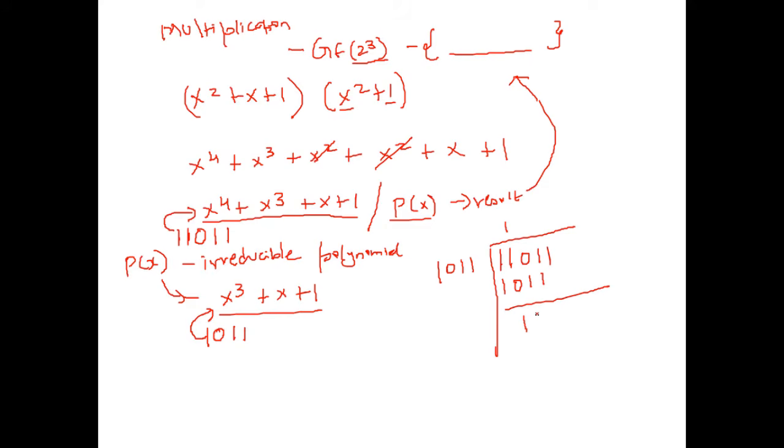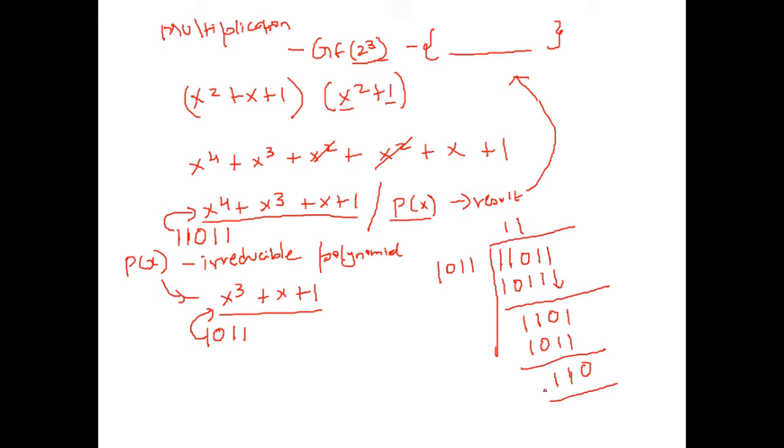Here we have a 1, here we have 1. And you bring this 1 down here now. And now again you perform a 1, so you're going to have 1011. So 1 and 1 cancel out, you have 1 here, and you have a 1 here. This 1 and 1 cancel out, so it's a 0 here.